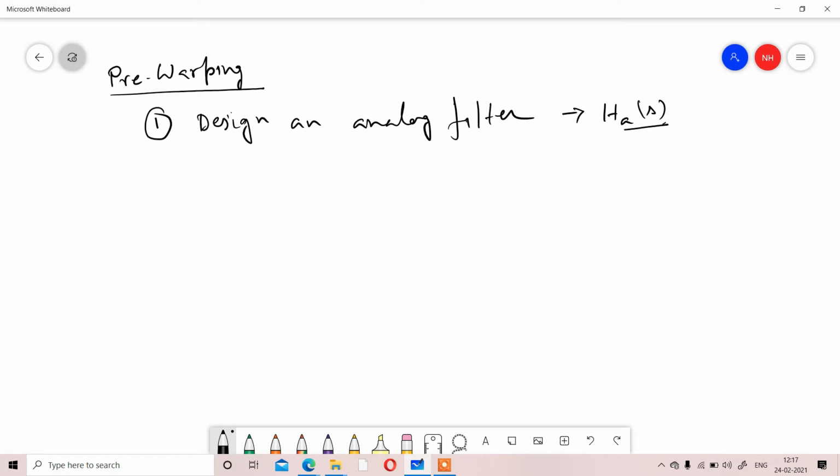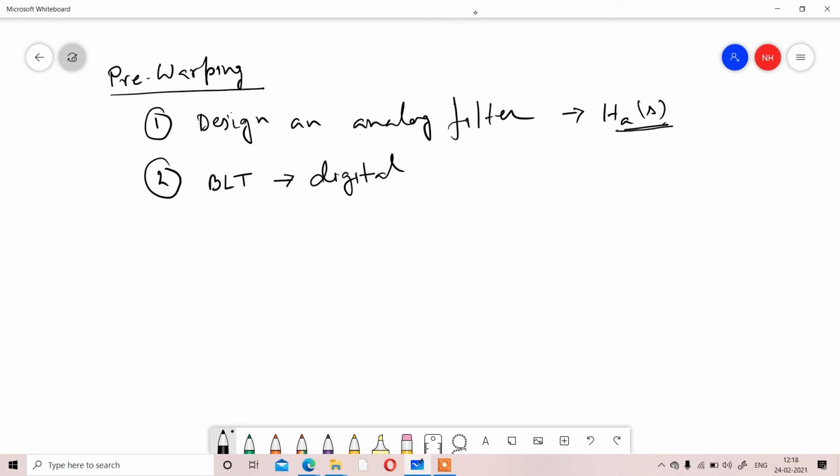As I have told you, considering the Butterworth approach, we have got the analog filter transfer function. After that, we use the bilinear transformation method to convert the analog filter into digital.